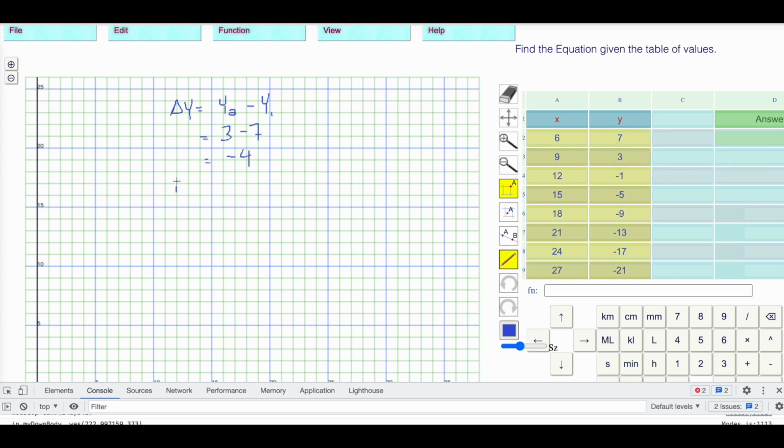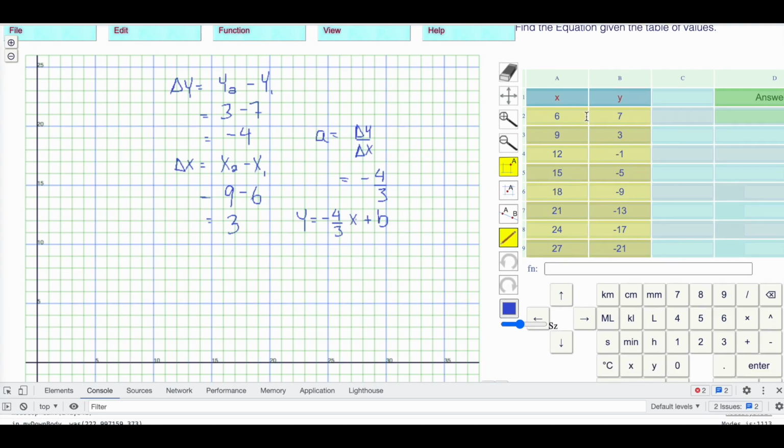The delta x is the x2 take away the x1, so the 9 take away the 6. Delta x is 3, delta y is -4. Our slope is delta y over delta x, which is -4 over 3. Our equation is now y is equal to -4 over 3x plus b.